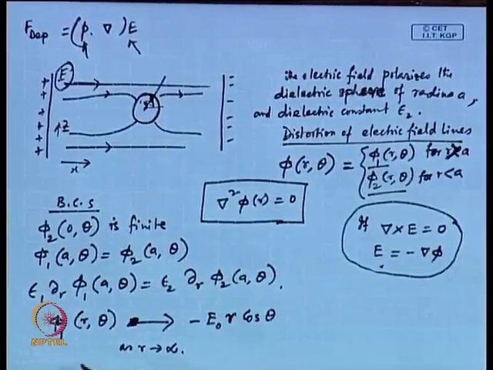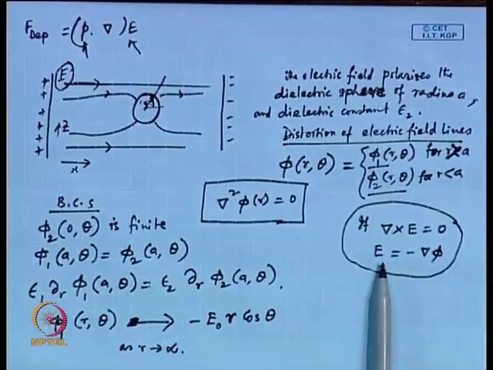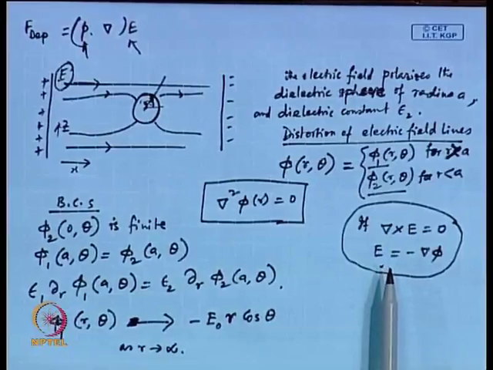That means E is basically minus del phi del r, all right.